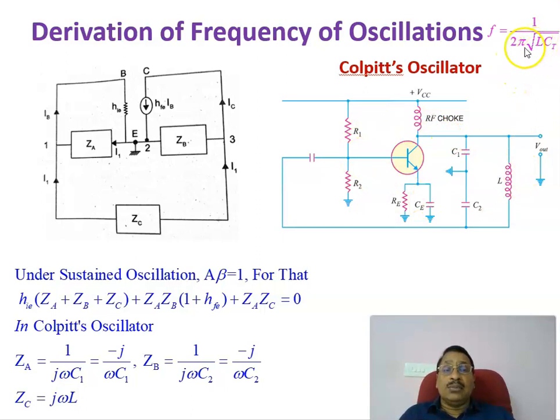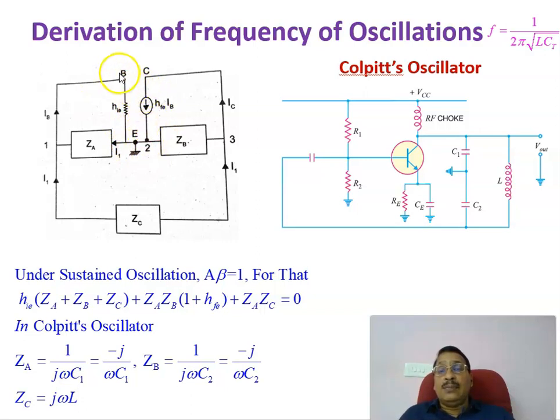In order to derive that, I am going to consider a generalized block diagram of an LC oscillator circuit. Here the transistor is replaced by its HIE, the input impedance, and HFE into IB, the current source.